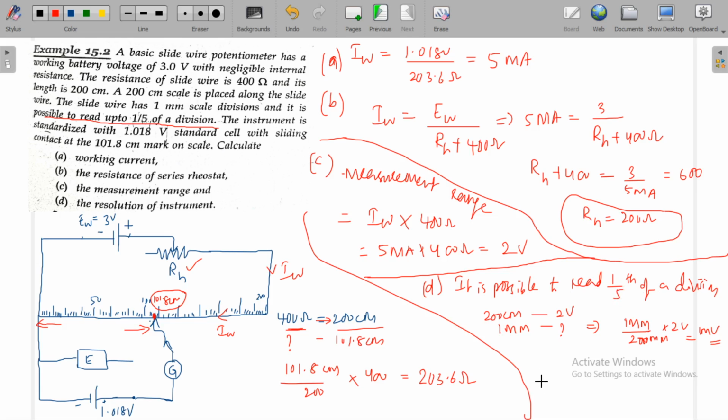So resolution is equal to 1 by 5th of a division, 1 by 5 into 1 millivolt, which is equal to 0.2 millivolts. 1 division is nothing but 1 mm. 1 mm gives 1 millivolt. Then 1 by 5th of a division will be equal to 0.2 millivolts. This will be the resolution of this instrument.